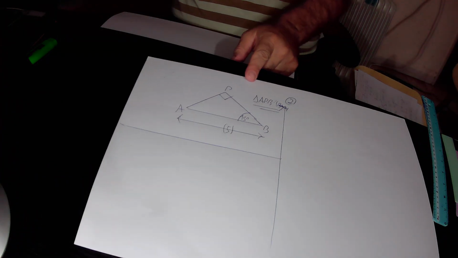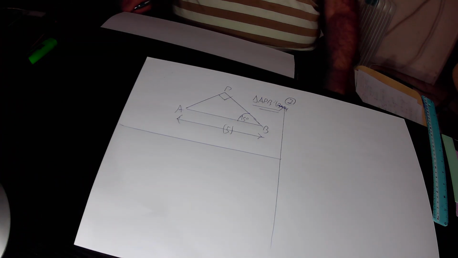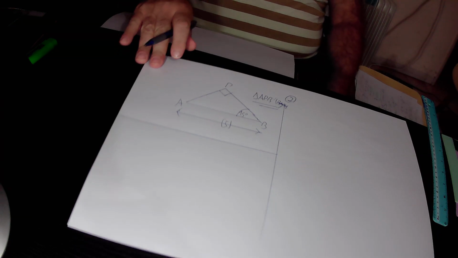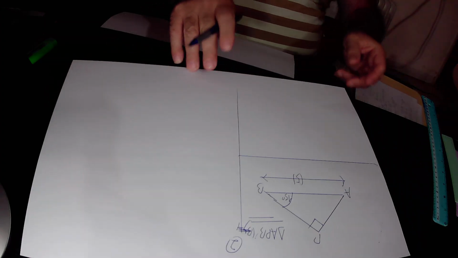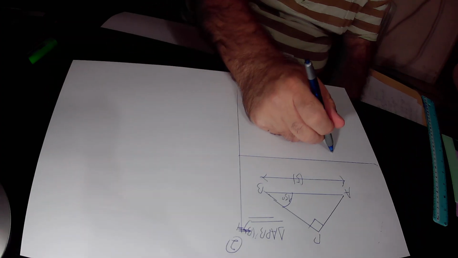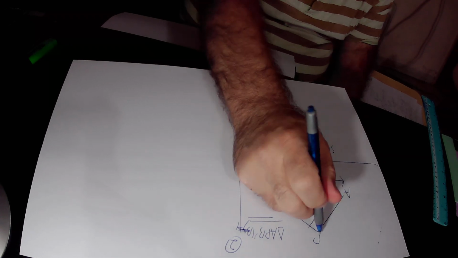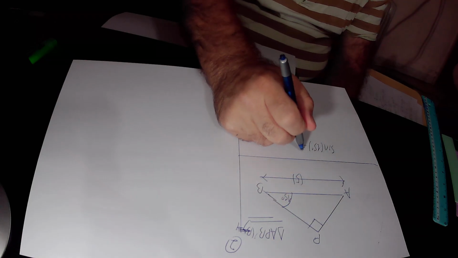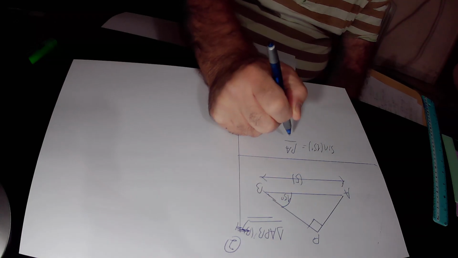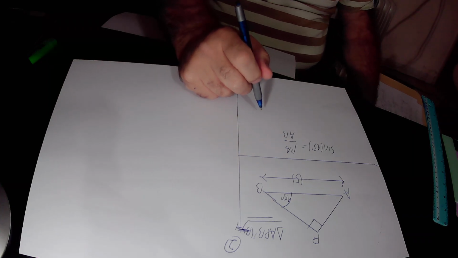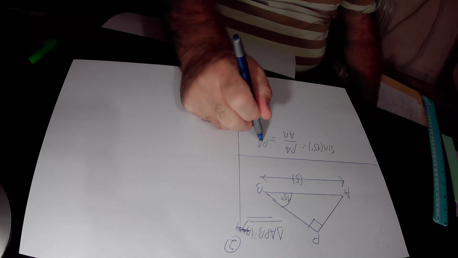So actually, this is the right triangle APB. In this right triangle APB, sine 15 degrees equals PA over AB. So I write it down: sine 15 degrees is equal to PA over AB. AB is 5, so it is PA over 5.